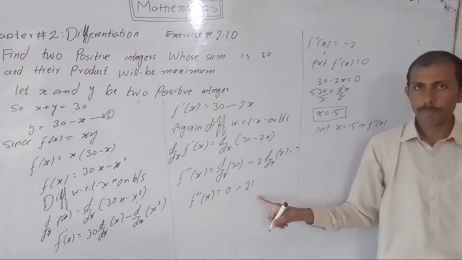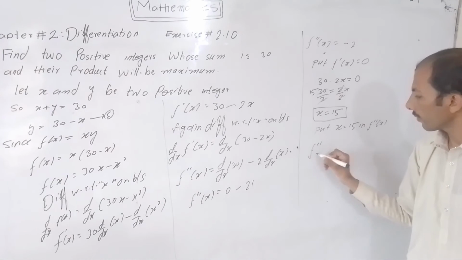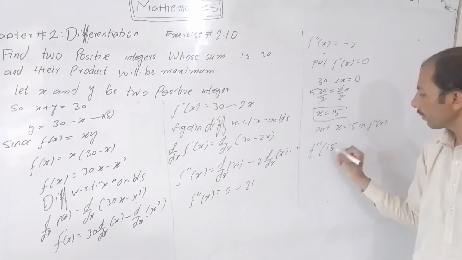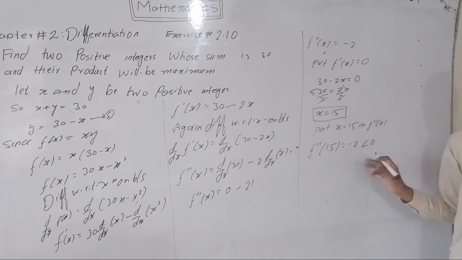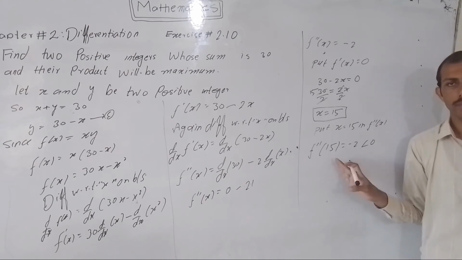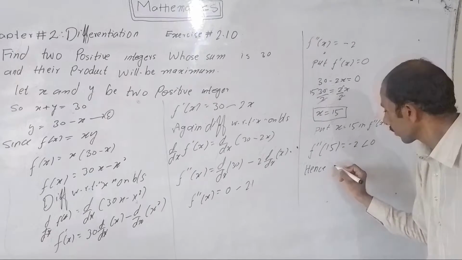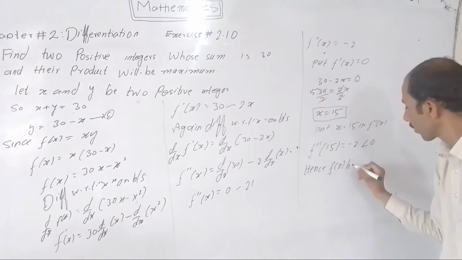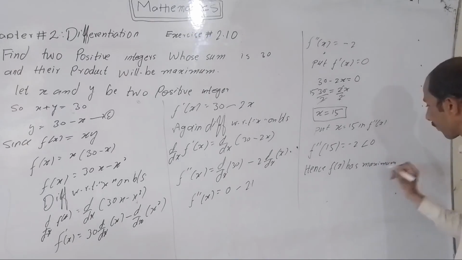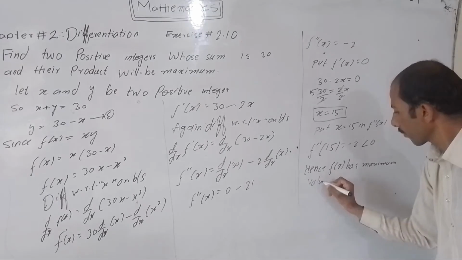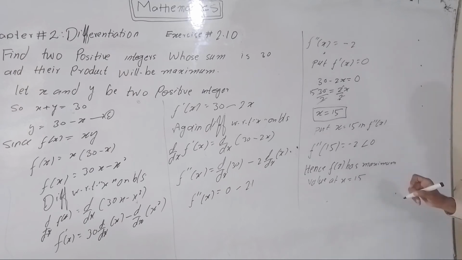So f double prime of 15 is equal to -2, which is less than 0. Hence f of x has maximum value at x is equal to 15.